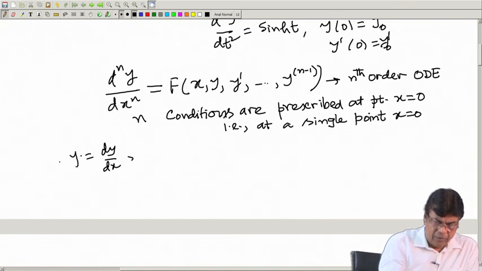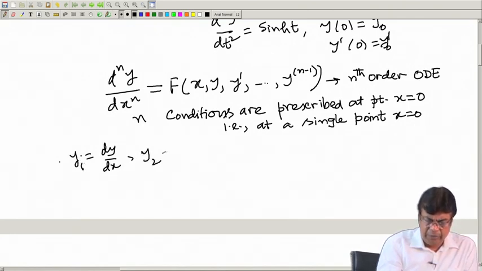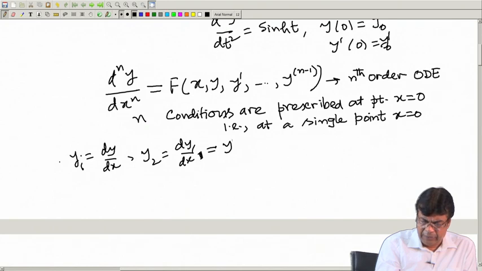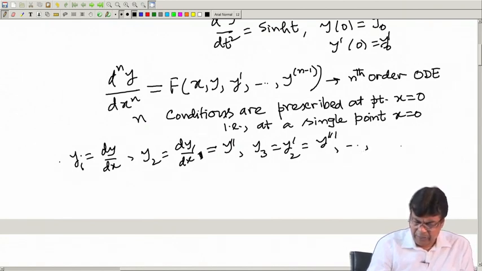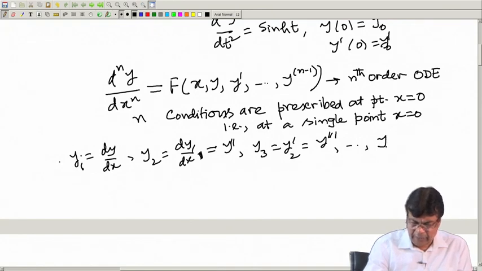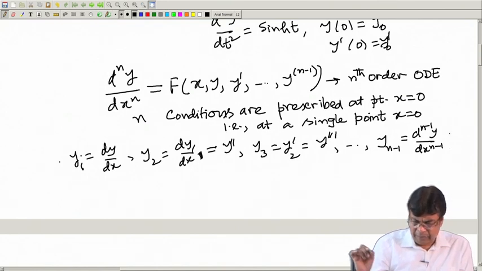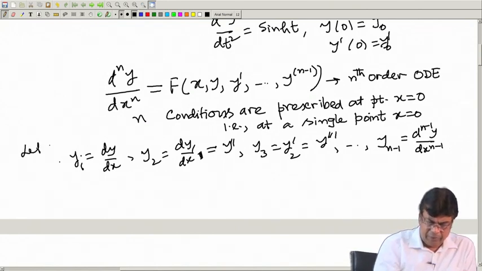So, y1 is dy/dx, y2 is dy1/dx, in other words y double dash. y3 is y2 dash, basically y triple dash, and like that way. I can go up to y(n minus 1), which is basically d^(n minus 1) y / dx^(n minus 1).